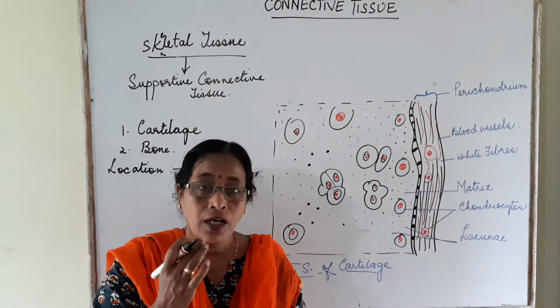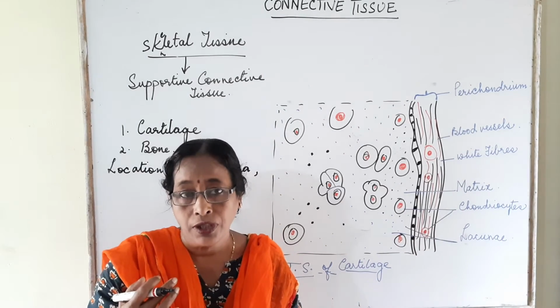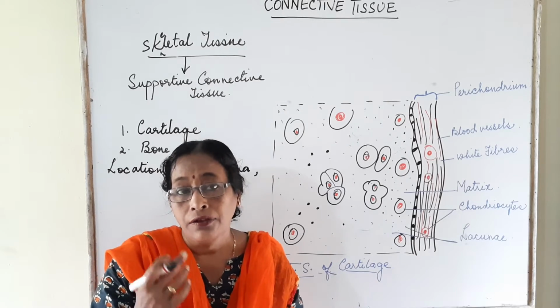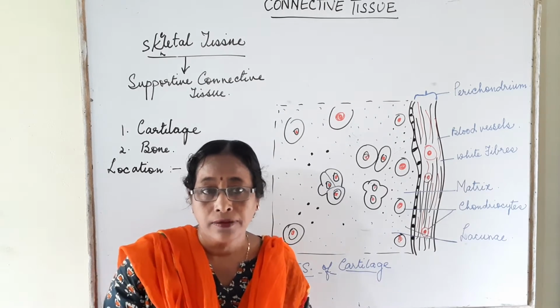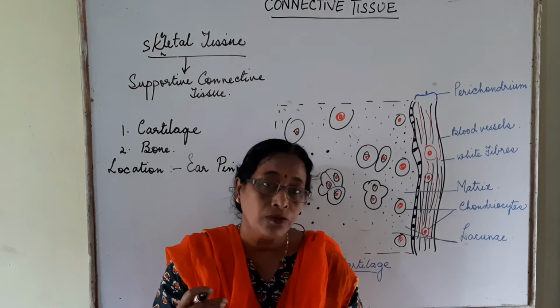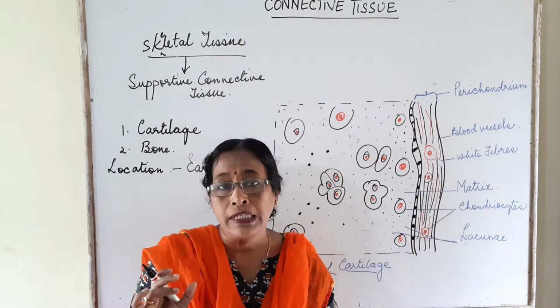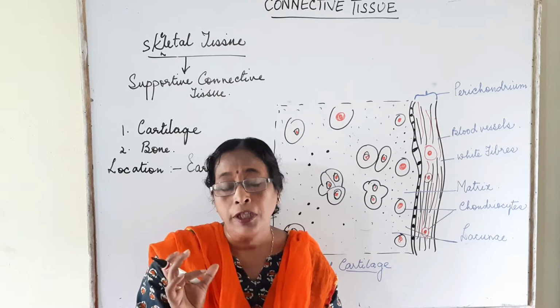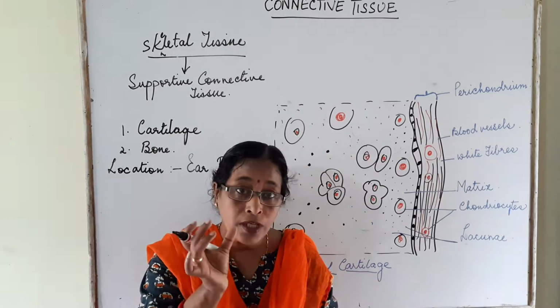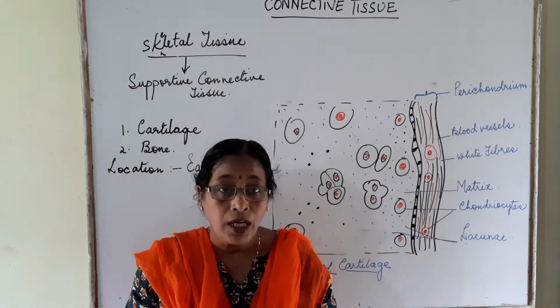It is also found in the nasal septum. Then it is found in the bronchi and the rings of trachea. Cartilage is also found in the intervertebral disc and on the tips of several bones. The bones have a covering of cartilage.